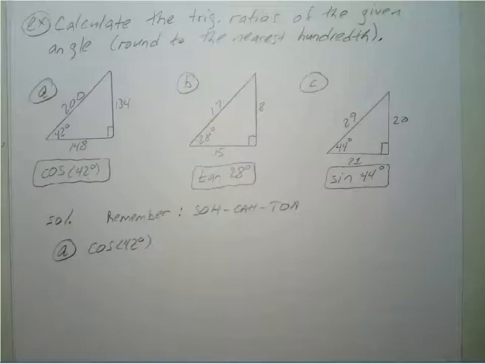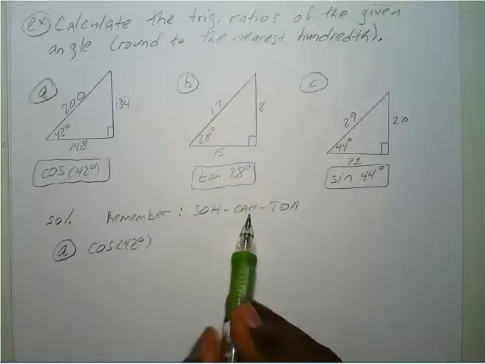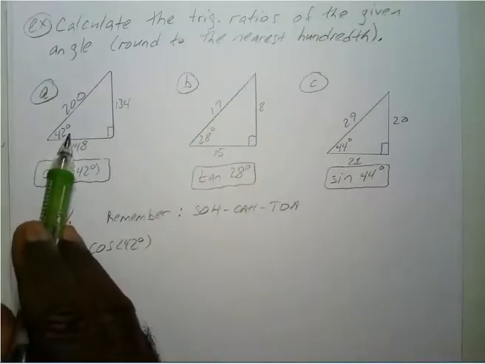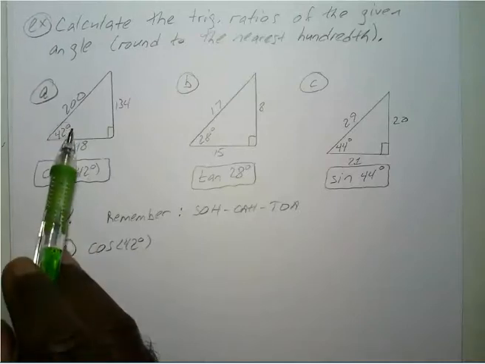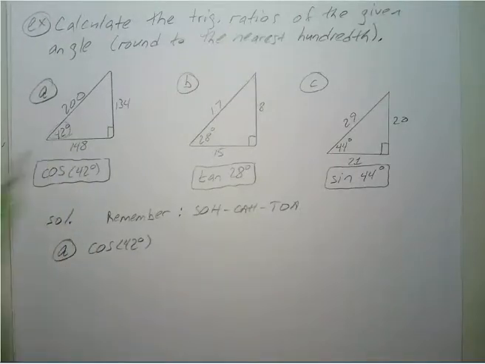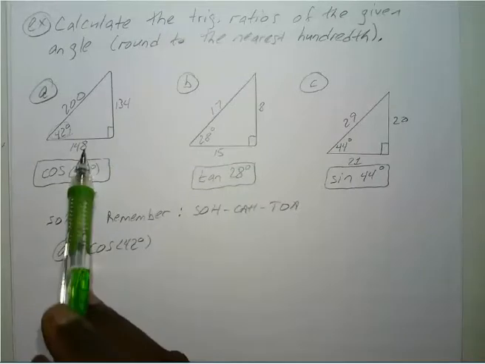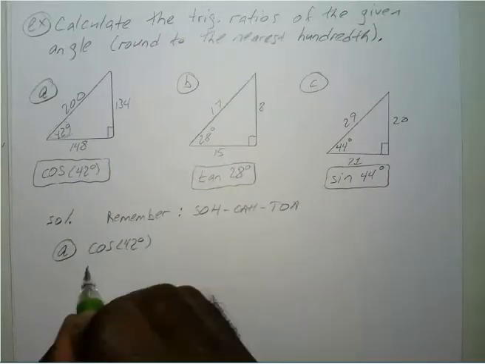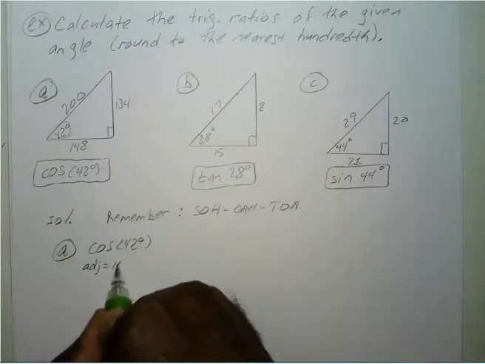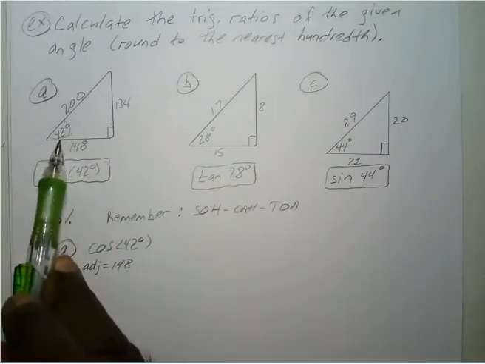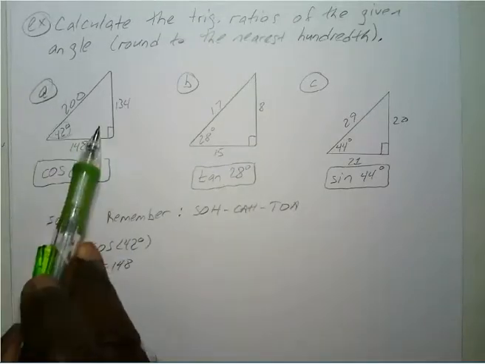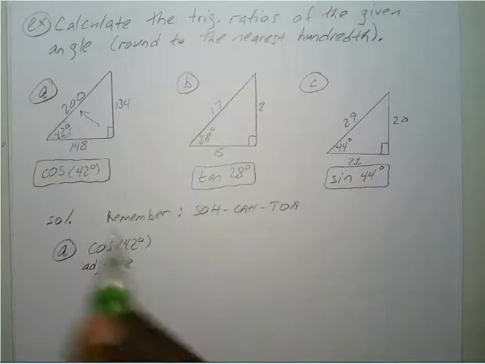Cosine is adjacent over hypotenuse. For this one, you have your 42 degrees. What's adjacent to your 42 degrees? That's your 148. What's your hypotenuse of this one? That's the one that's opposite your right angle, which is 200.